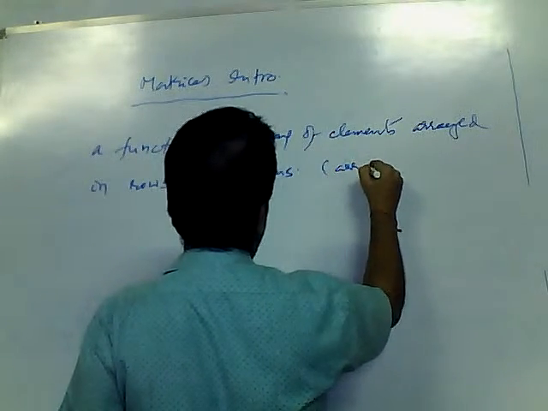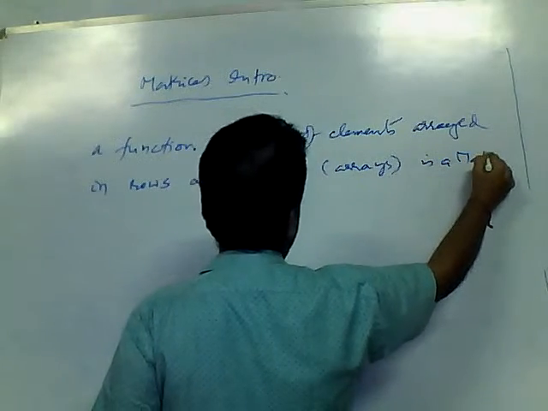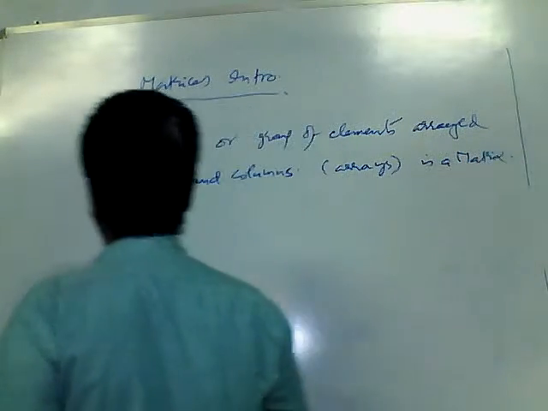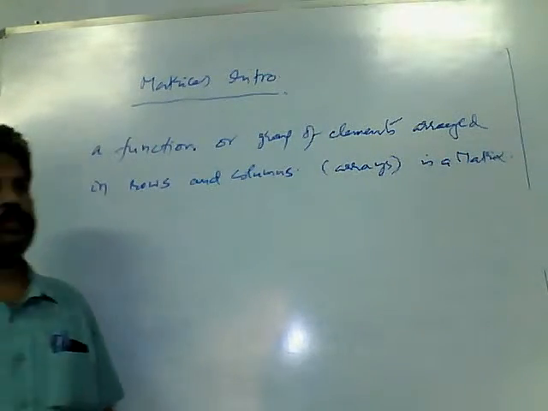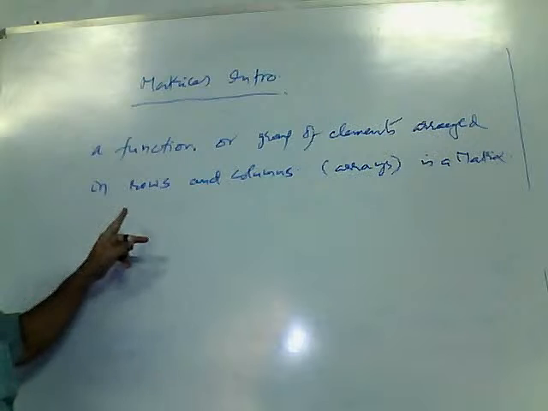Means you can call them arrays. It is a matrix. So fundamentally, a matrix is a function, right? Or it can be a set or group of elements arranged in rows and columns.